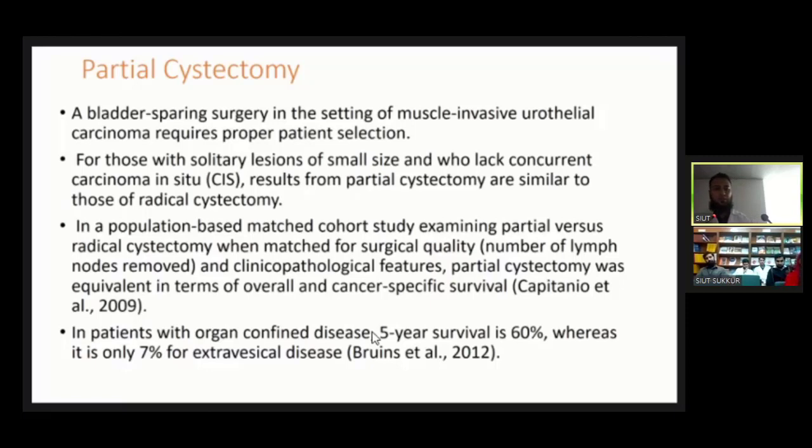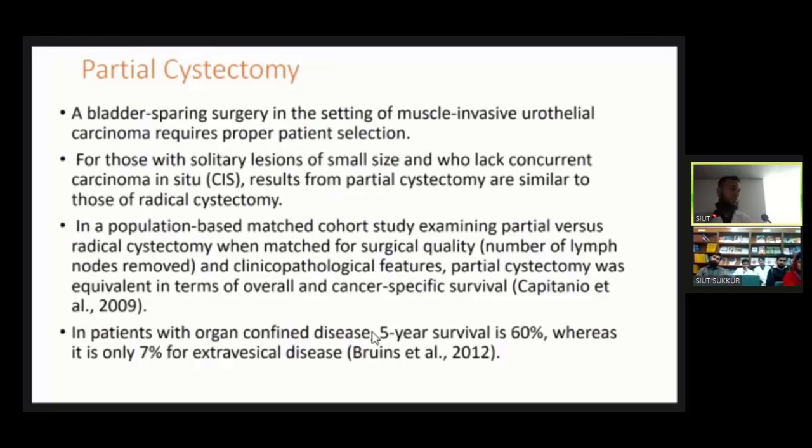The other option is partial cystectomy, bladder-sparing surgery. In the setting of muscle invasive urothelial carcinoma, it requires proper patient selection. If the lesion is solitary and small, with no concurrent carcinoma in situ, the results from partial cystectomy are similar to those of radical cystectomy.